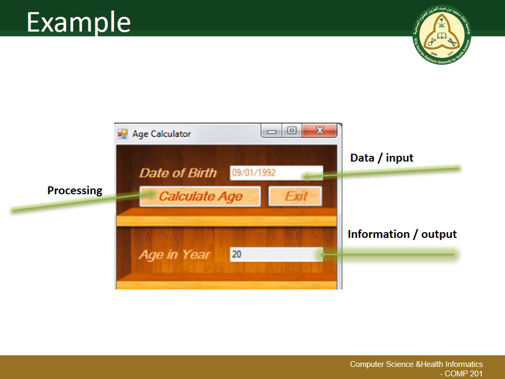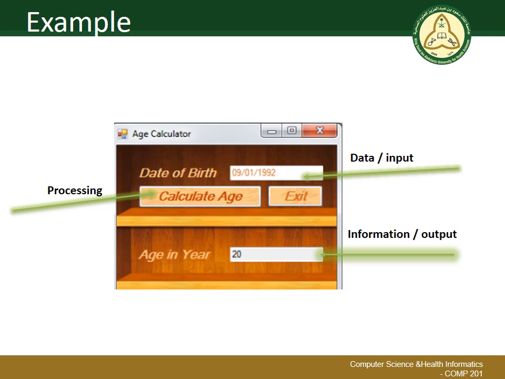Here is a quick example about processing, with the input and the output. As you see in this example, the input is the date of birth. Then based on the date of birth, we do some calculation, we call it processing, and we can give you your age.